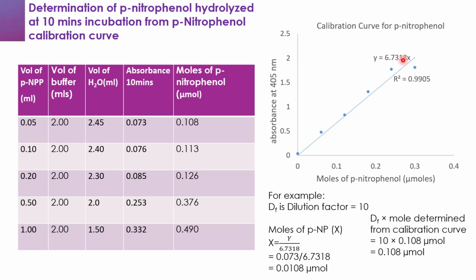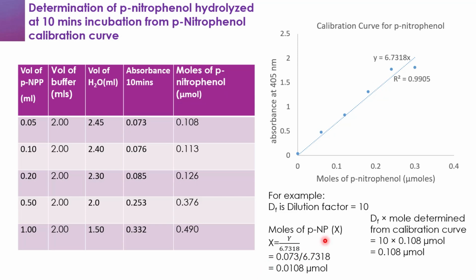I'll do this calculation by just looking at one example, the first test tube containing 0.05 ml of the artificial substrate. From the equation, to calculate the moles of p-nitrophenol formed or hydrolyzed by our enzyme from the artificial substrate, we make s the subject.